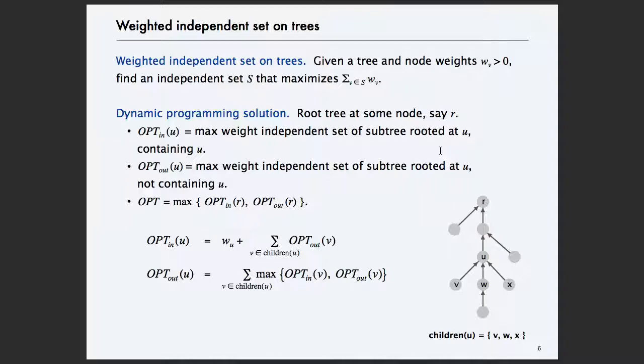I could create a dynamic programming solution which would define OPT-in of u as the maximum weight independent set of the subtree rooted at u and containing it, and OPT-out of u as the subtree rooted at u but not containing u, and so OPT would be the max. And these are the definitions for OPT in and out.